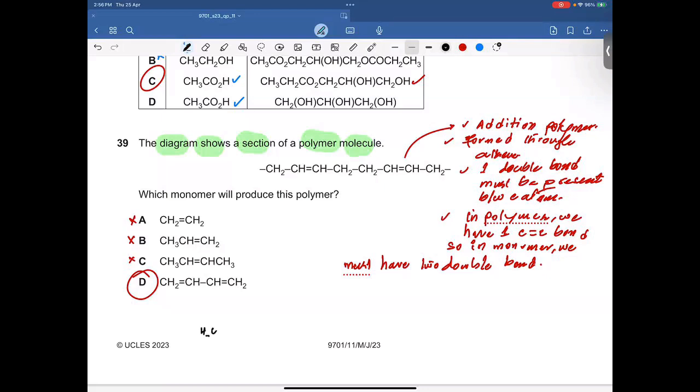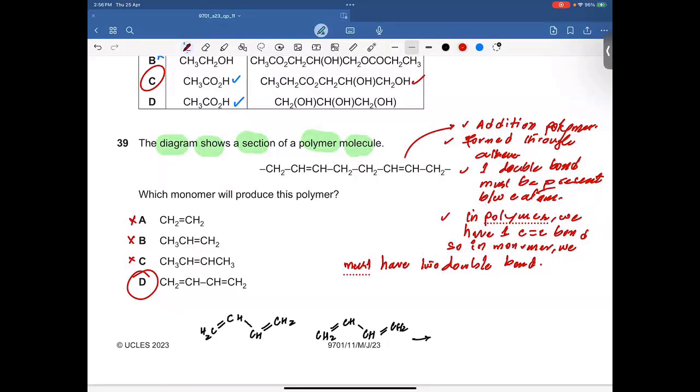This is CH2, double bond CH, double bond CH2. Let me write another monomer, CH2, double bond CH, double bond CH2.